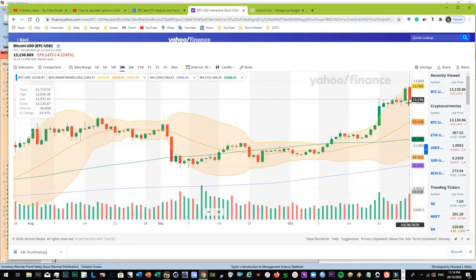So again, if you look at this, there's a huge long red candle which can continue to go down, because we saw that the green candle pierced the upper band of Bollinger, and now it was followed by a long red candle. But we are not using Bollinger and Japanese candles here.